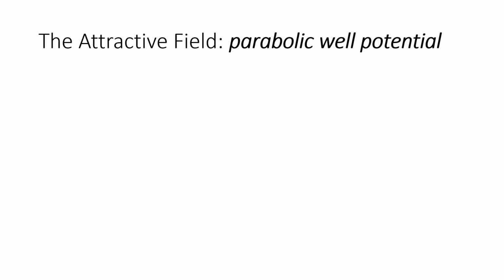The second candidate function can be a parabolic well potential. Let's explore it. When defined like an attractive potential, it would be something like, for the ith joint for a configuration Q, this would be defined like a quadratic function.